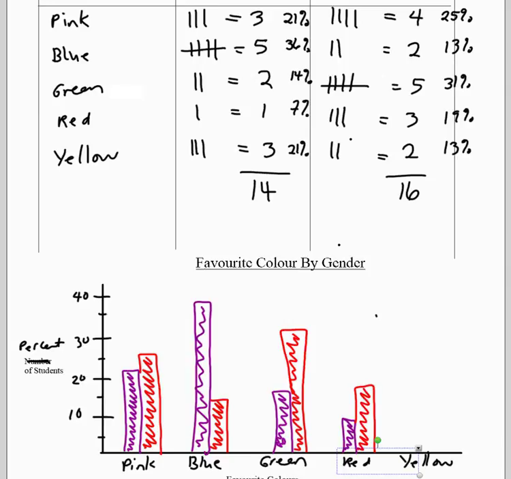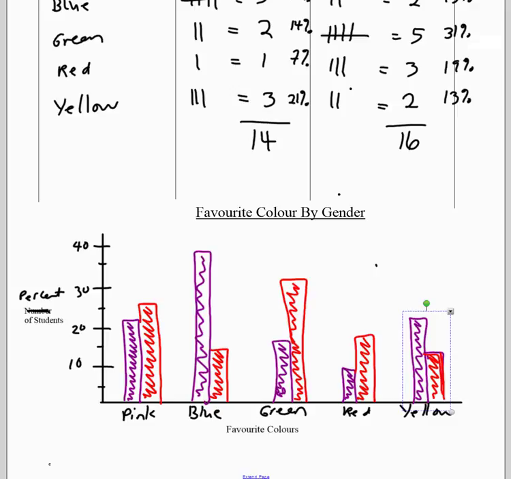And then yellow is 21% of girls and 13% of boys. Whoops, I need to make that red. 13% of boys. And then the only other thing I need to do, I already have my titles, so you'll notice called percent of students, called favorite colors.